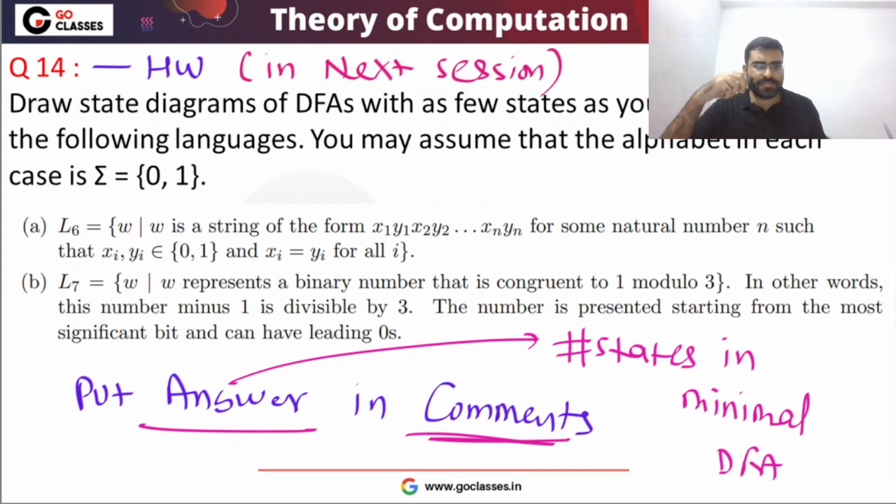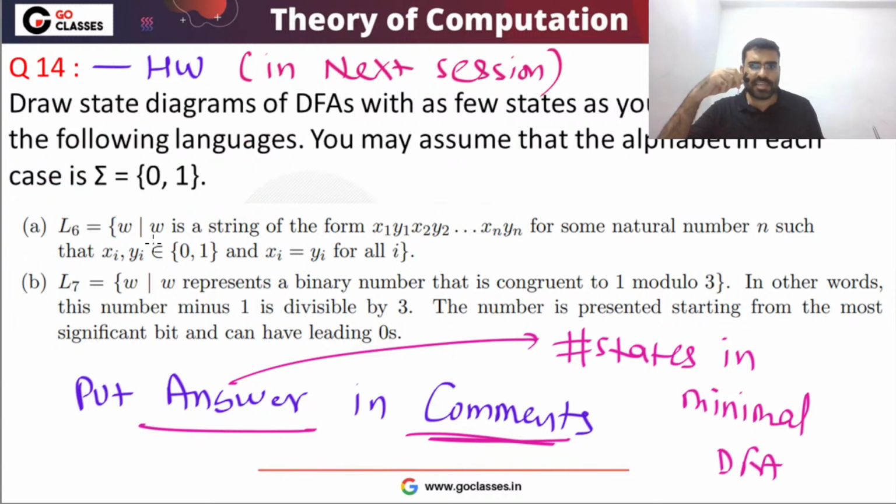Question number 14. What is the question saying? Draw the diagram of a DFA with as few states as possible, basically a minimal DFA, for the following languages. The alphabet is 0, 1. Now let's see L6.